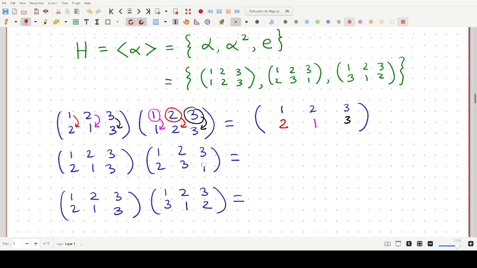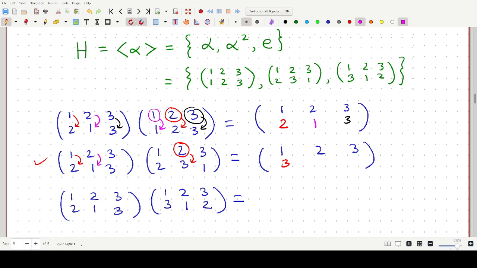Now let us look at our second composition. In this, 1 goes to 2 and in the second permutation 2 goes to 3. So 1 would go to 3. Let us now check where 2 goes. 2 goes to 1 in the first permutation.